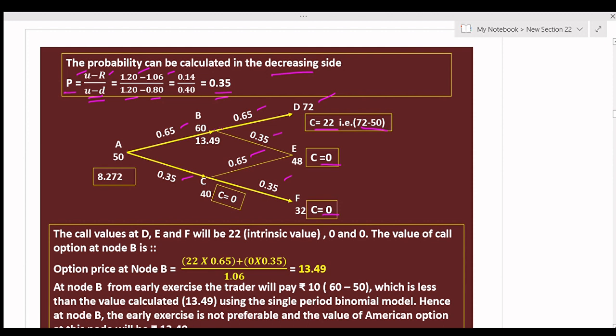Now at point B, the option value will be 22 multiplied with probability 0.65 plus 0 multiplied with 0.35, that is equal to 13.49. That is divided by the interest rate because it will be converted to the present value.